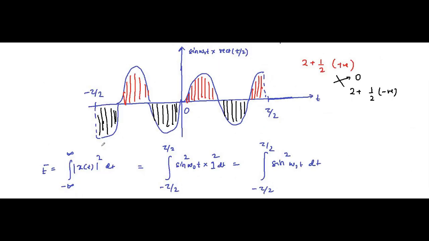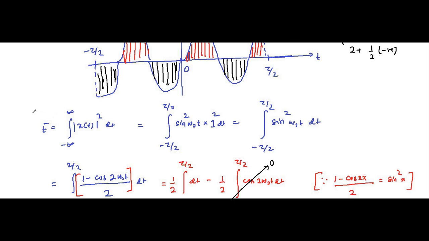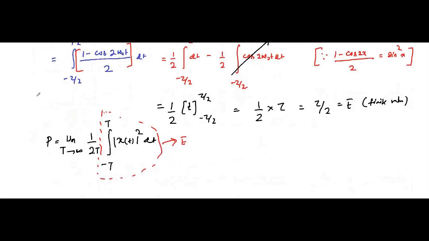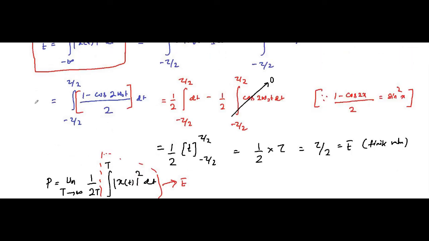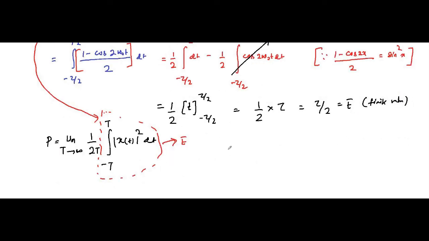Whether you write it in this form or directly from minus infinity to infinity, both of them are the same. So power is equal to limit T tends to infinity 1 by 2T into E, which is equal to limit T tends to infinity 1 by 2T into tau by 2.